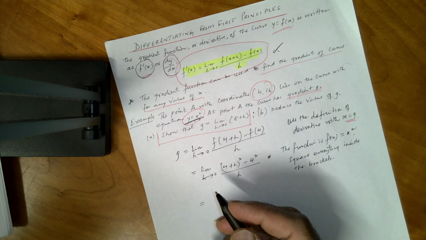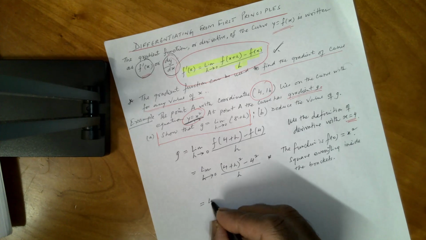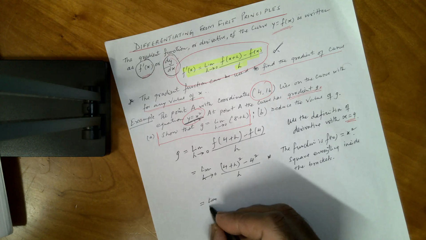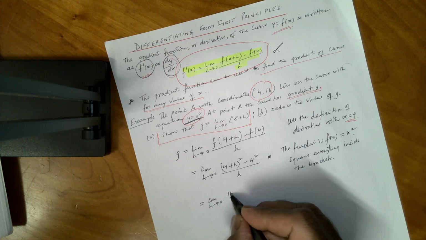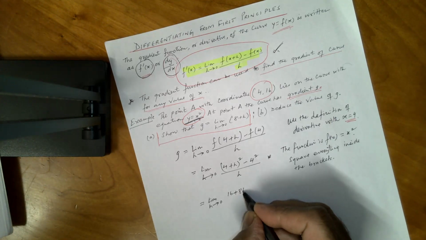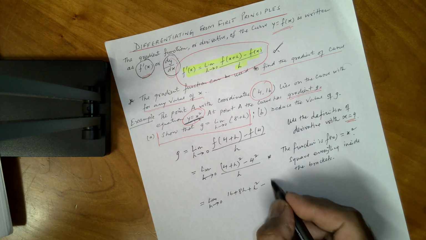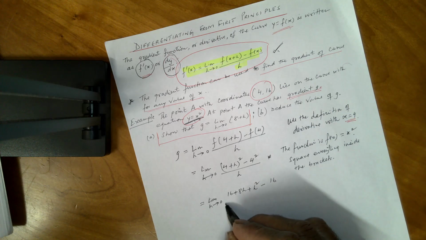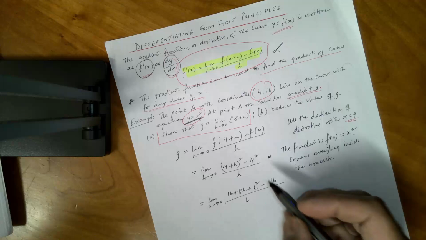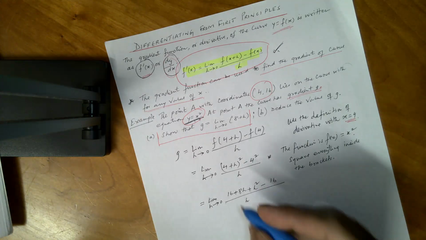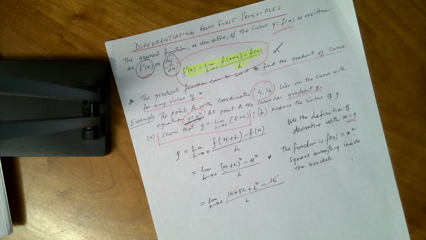And once you have got this, then you just have to open this and solve that. So open this one. You get 16 plus 8h plus h squared minus 16 from here, then you have h here. And here, you can cancel this 16 and 16, but this is minus, and that's your plus.